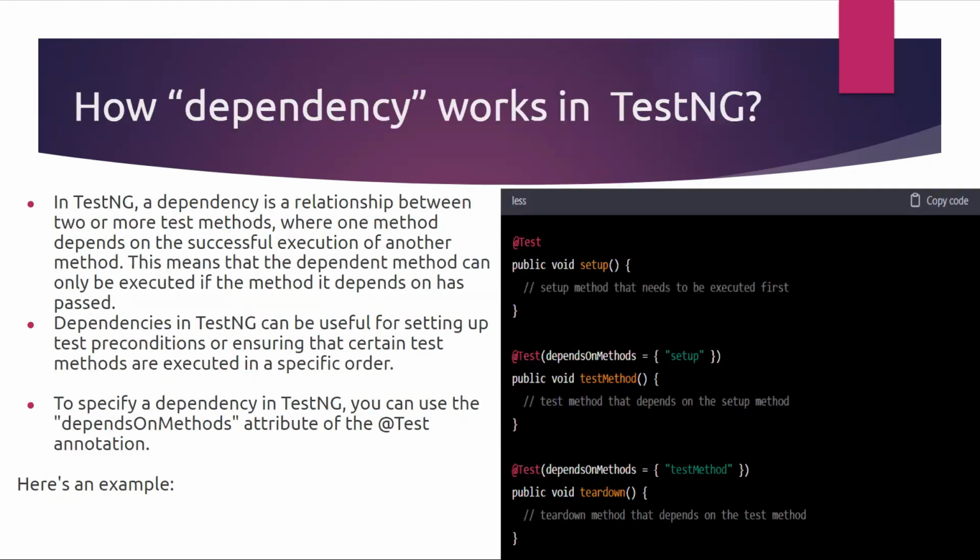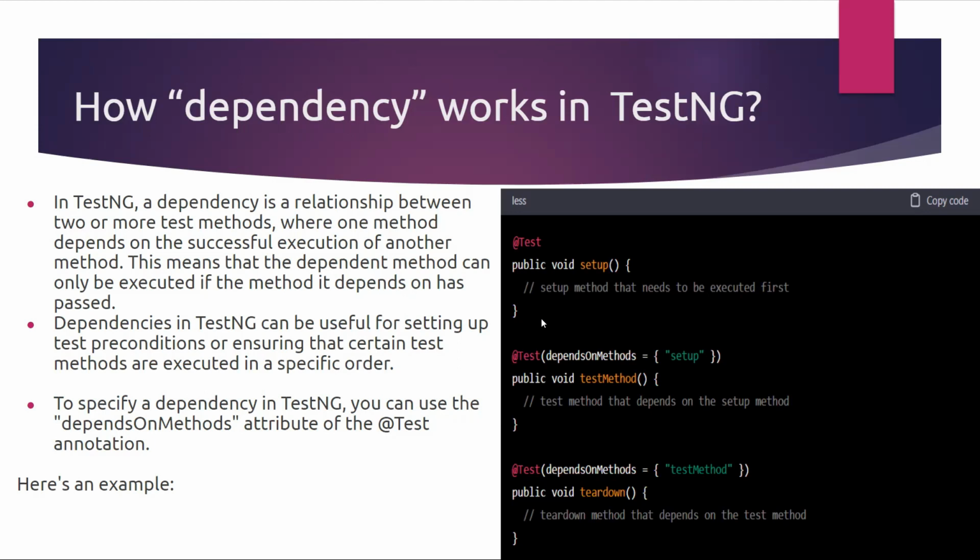Now, how does dependency work in TestNG? Right now we have come across priorities. The job of priorities is to set the sequence of test cases. Similarly, dependencies are also used for setting the sequence of test cases. The difference here is, in case of dependency, along with this test annotation, when you mention that this particular method is dependent on the last method, then that method should pass without any failure.